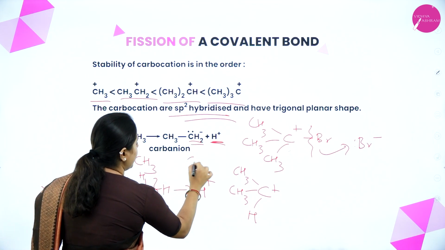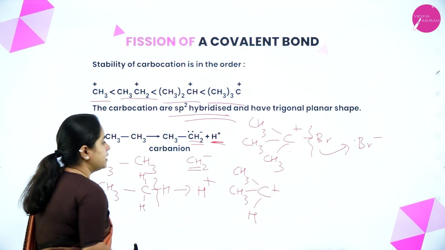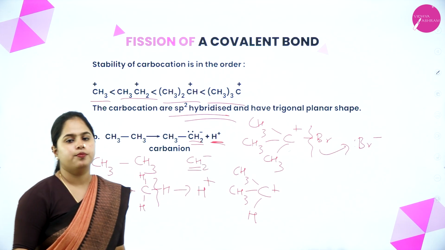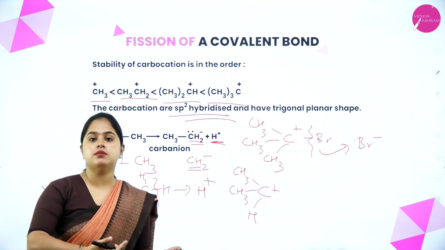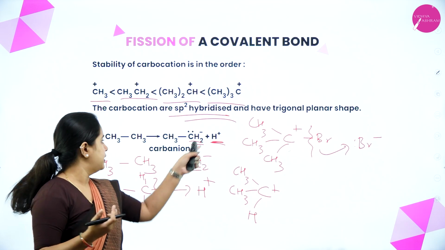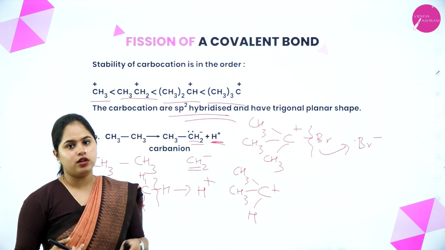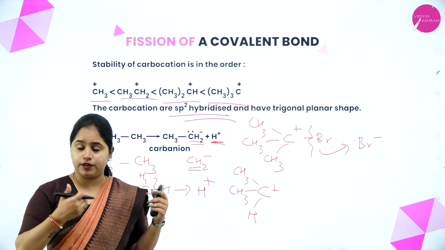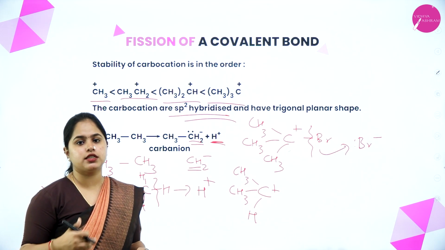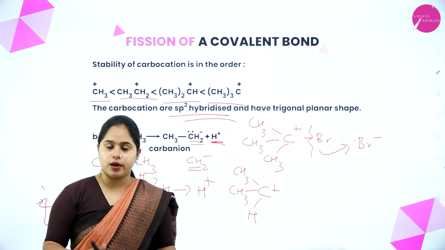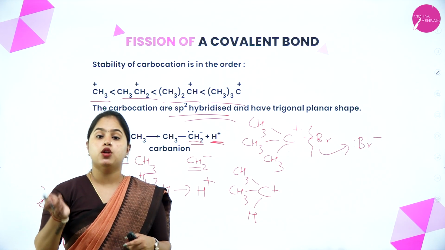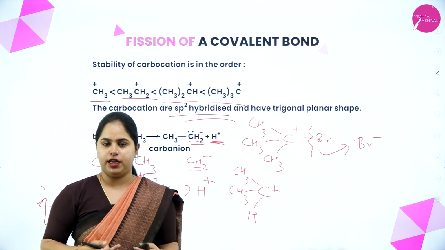This CH2 minus which is formed is called the carbanion. So when heterolytic cleavage takes place, if the carbon atom is more electronegative, it takes up the 2 electrons and becomes a carbanion. If the carbon atom is less electronegative, it acquires a positive charge. So this is carbocation and carbanion, and in homolytic cleavage, you will obtain free radicals.